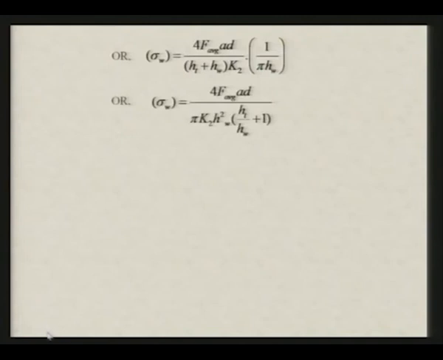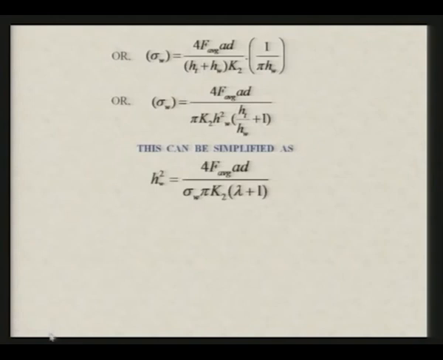Now, you can further simplify it and you get h_W square is equal to 4 F average A d divided by sigma_W pi K2 within bracket (lambda plus 1), where lambda is equal to h_T over h_W. The depth of penetration will be inversely proportional to the strength of the workpiece or the tool.